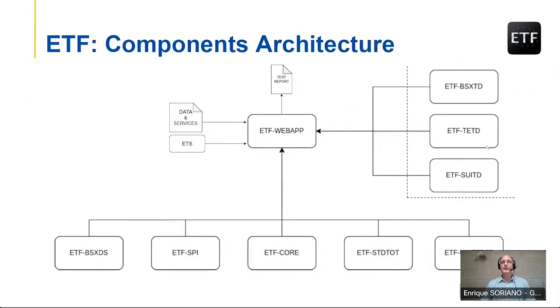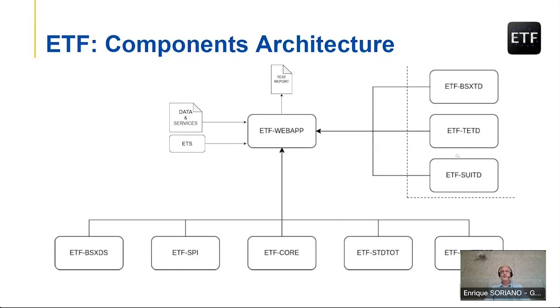As we have said before, it has a lot of products, subproducts that are used in the ETF web app. Don't be scared. This is just the concept, and the ETF web app, which is what you need to download, is the main deployment artifact that is actually needed, and it makes use of these core components.